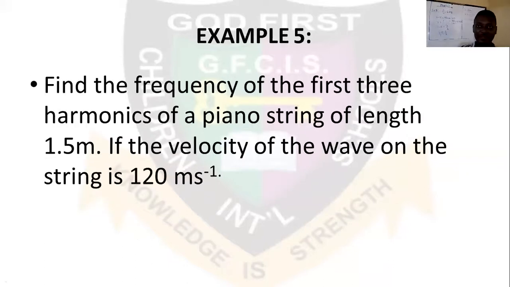So example 5. Find the frequency of the first 3 harmonics of a piano string of length 1.5 meters if the velocity of the wave on the string is 120 meters per second. So what are the parameters given?